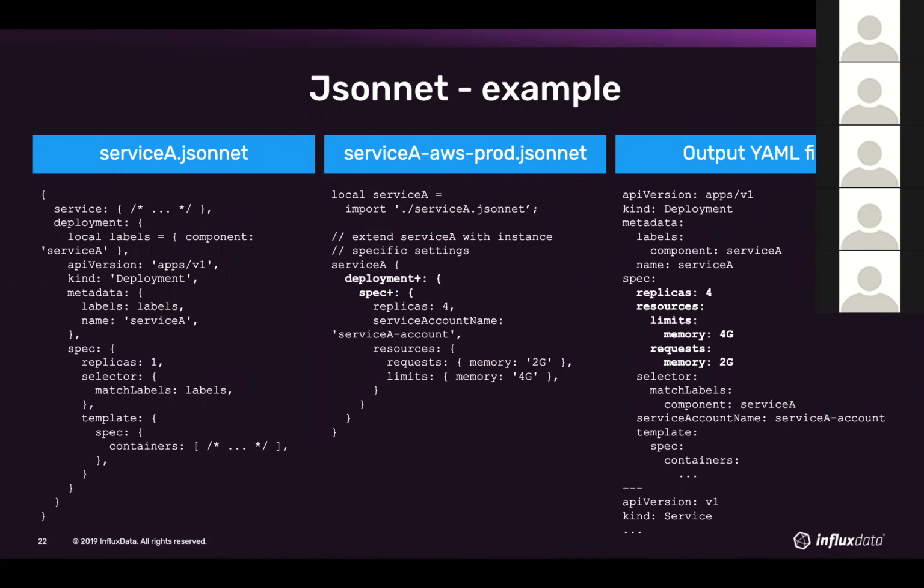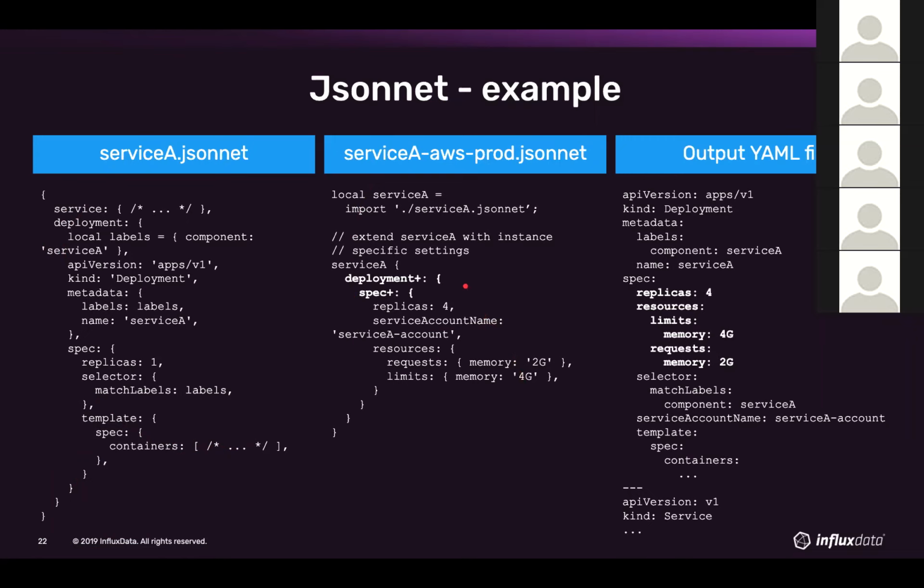Okay, so now I just wanted to put a little more technical meat on the bone. I talked a little bit about Jsonnet. If you're not familiar, Jsonnet is actually a superset of JSON. And what it allows you to do is define templatized configurations. So in this example, this would look like a service definition of a Kubernetes service. And then this is a layer on top of that.